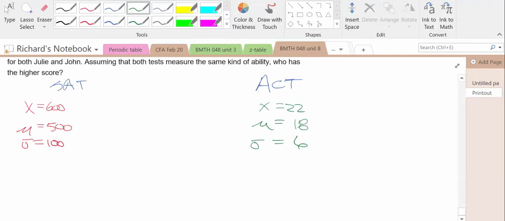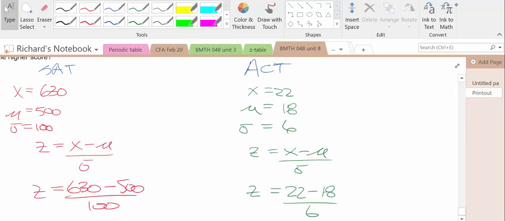So for the SAT, the mean is 500, standard deviation is 100. For the ACT, the mean is 18, standard deviation is 6. Now I'm going to calculate Z scores for both of these individuals, so we can compare to see who actually scored higher, assuming that both tests are equally difficult.